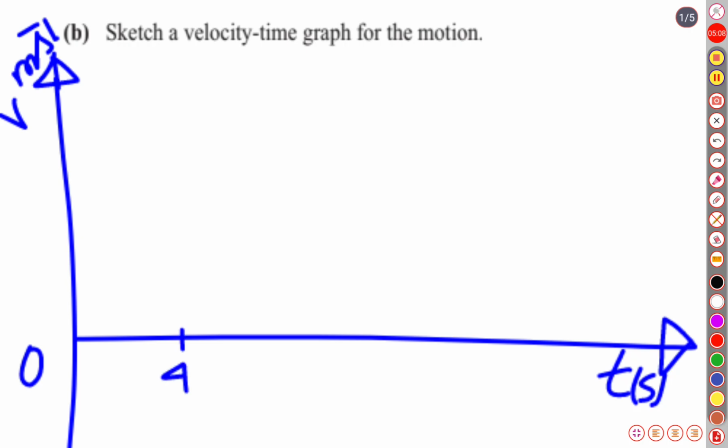Then 11 more seconds, that means it will be 15, and finally 5 more seconds, we may write here 20.